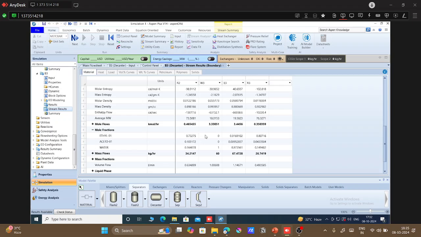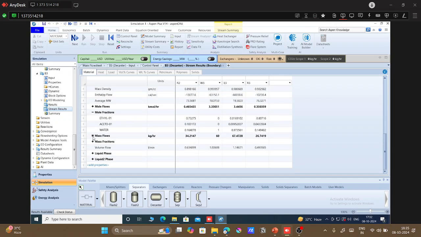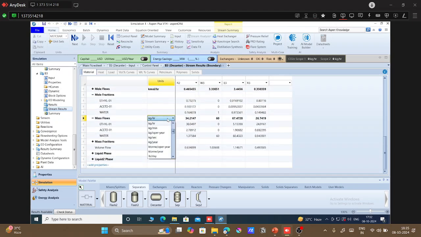Whatever amount of ethyl acetate is present in R3, that will be our separation. Sorry, these are molar fractions here. From 0.7 kg per minute in the feed, we have separated 0.415 kg per minute of ethyl acetate in the raffinate.